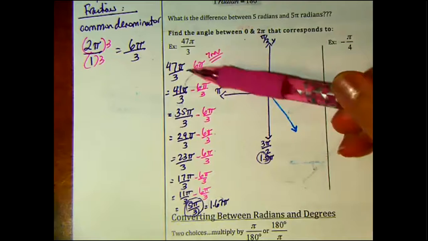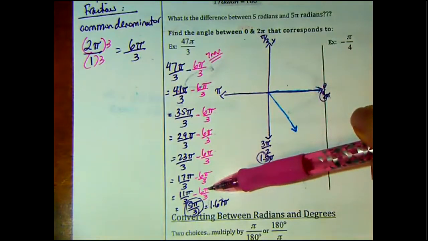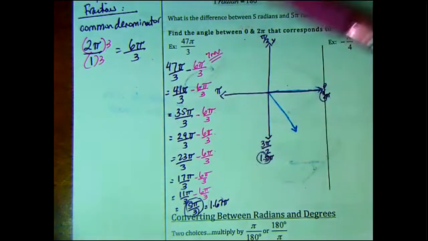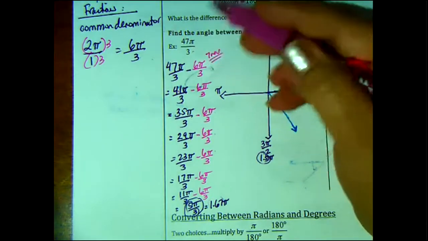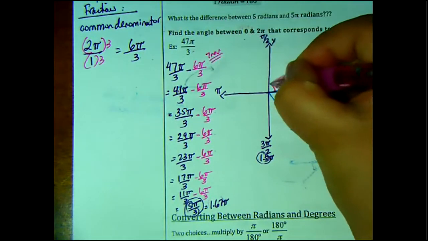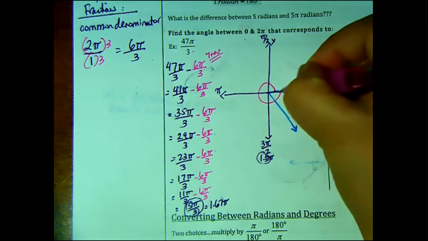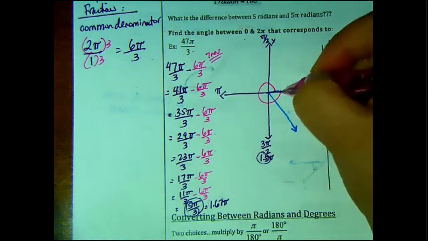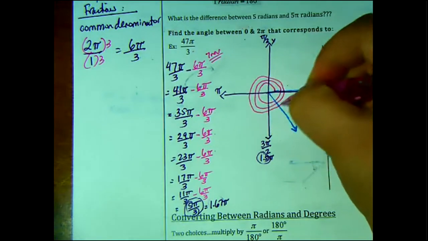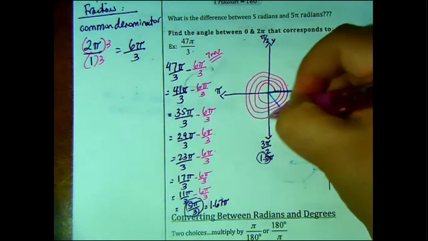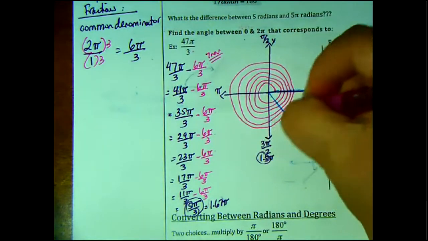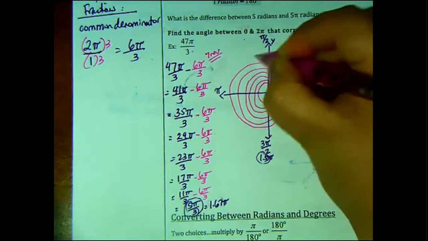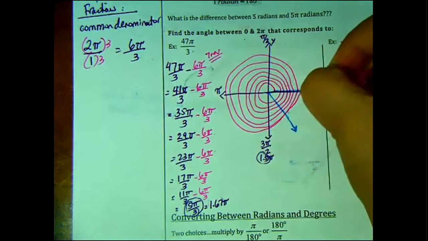Now, we have 7 revolutions to go, okay? 7 revolutions. So we start here, okay, and it's positive, so we're going in the positive direction. So I have 1 revolution all the way to 2 pi, right? 2, 3, 4, 5, 6, 7.